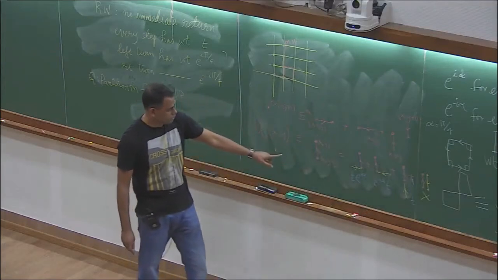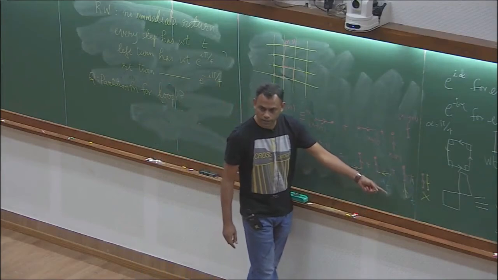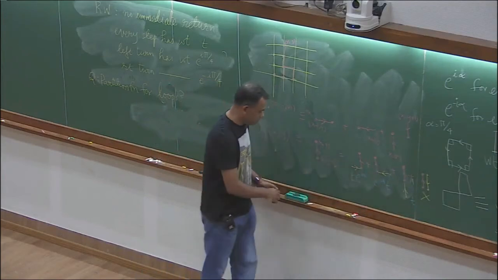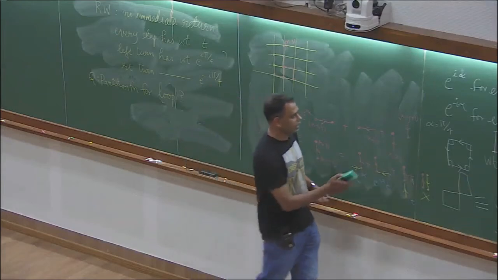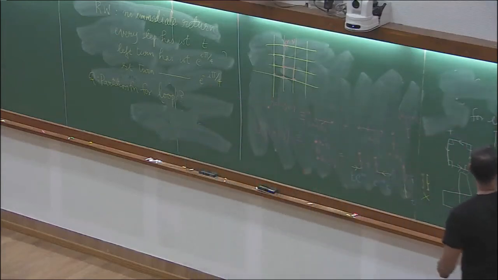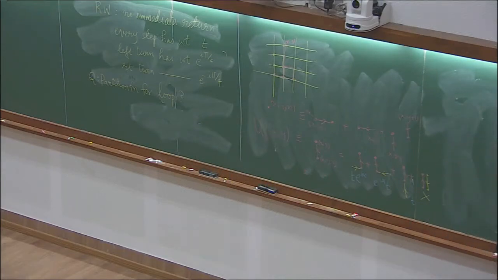So 3 diagrams contribute with a certain different weight for each one. T is our original t. Okay. So what does it look like in equation form?